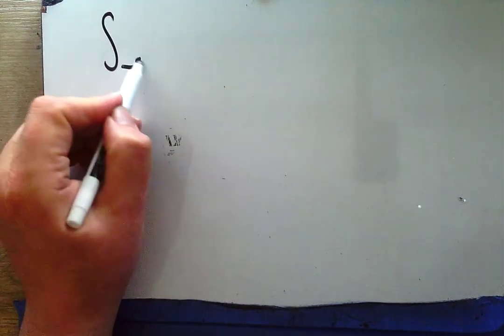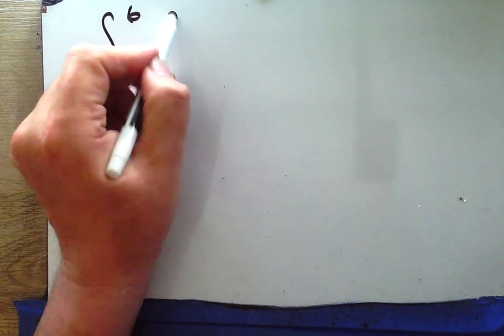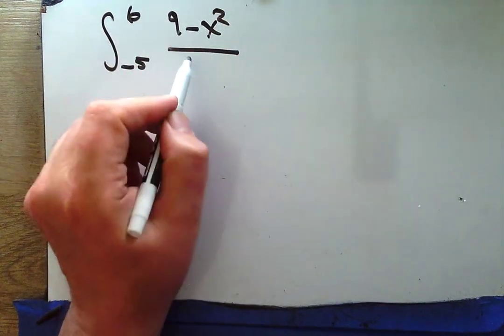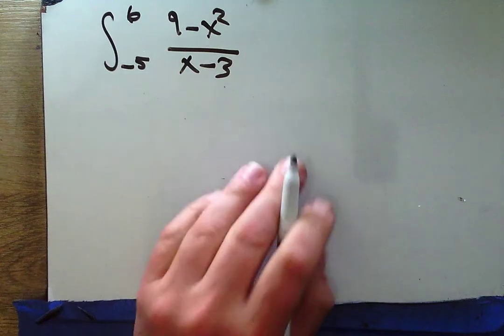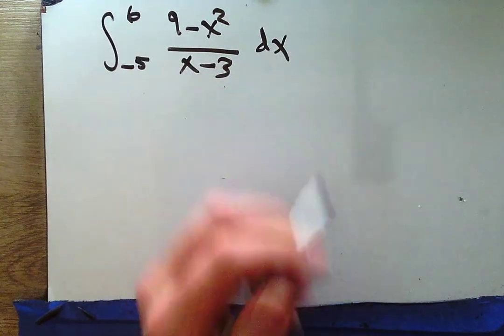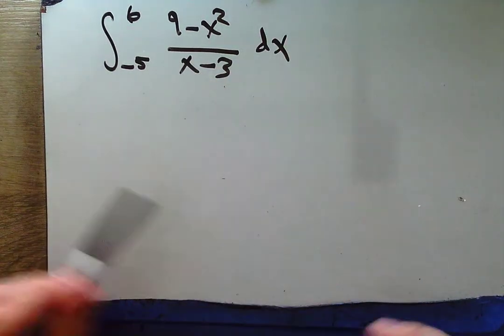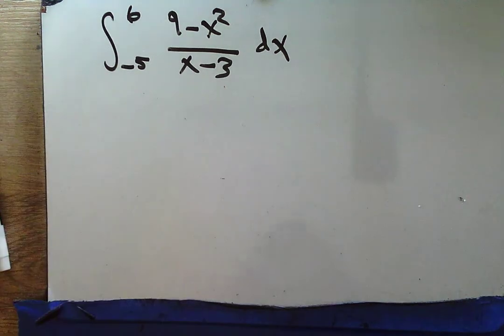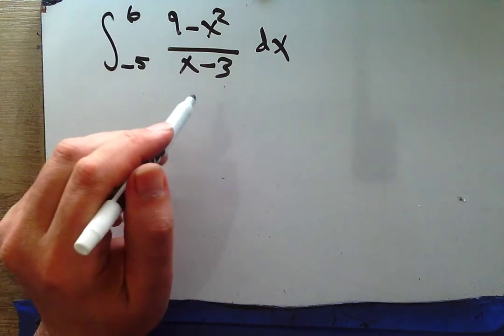Ooh. How about this one? The integral from negative 5 to 6, 9 minus x squared over x minus 3 dx. All right. Give that one a try. So, kind of looks like a rational function.